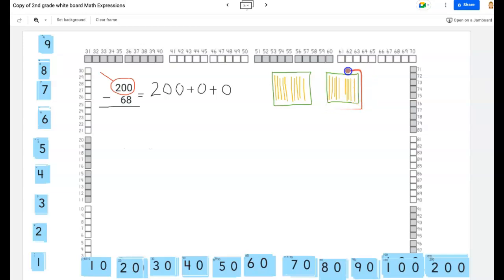There we go. So yes, it's 0 tens when we write it as two groups of 100, but it's actually 20 tens.